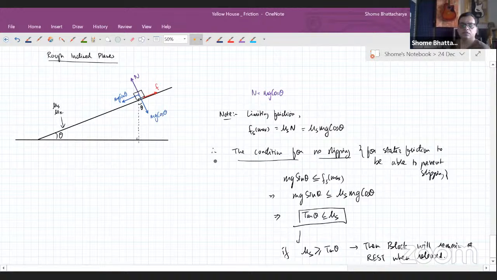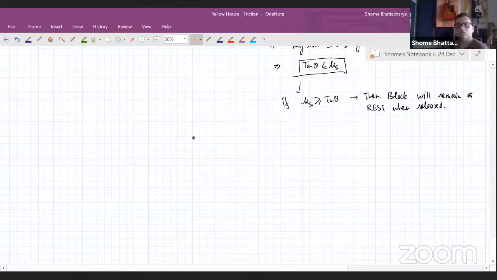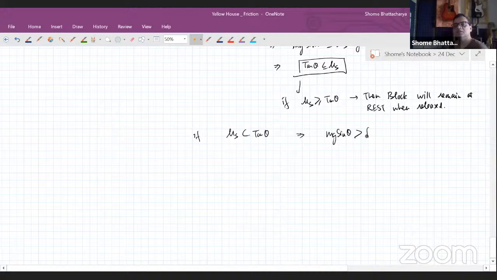On the other hand, if mu s is less than tan theta, that basically means that mg sine theta will become larger than the maximum friction available. So in this case, what will happen? The block will slip.